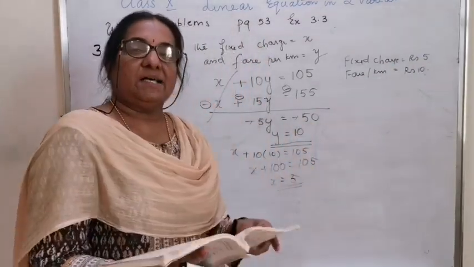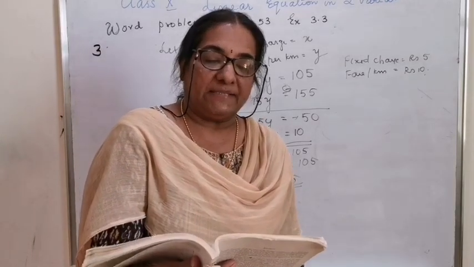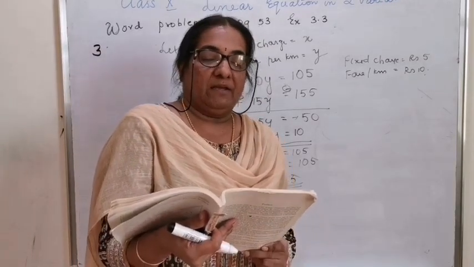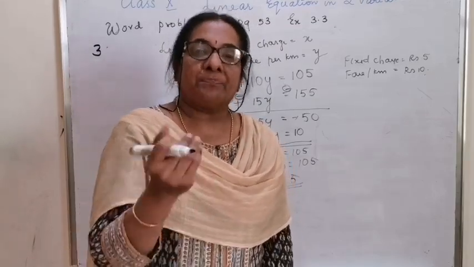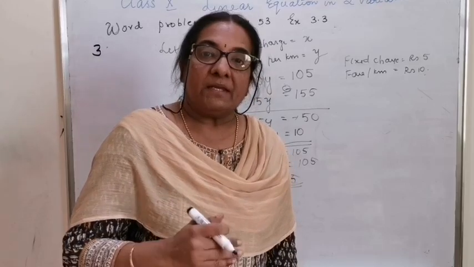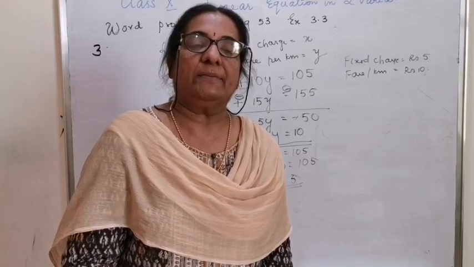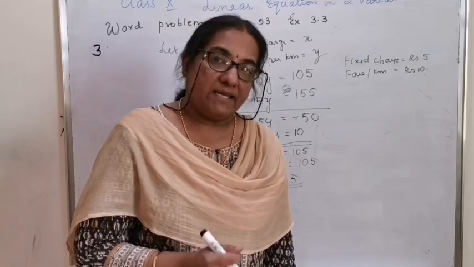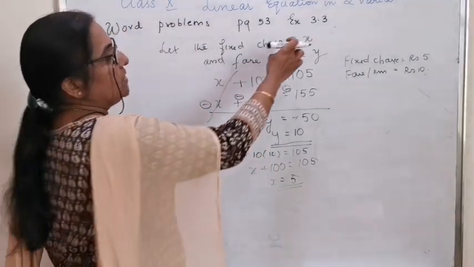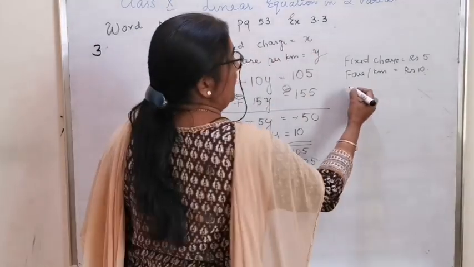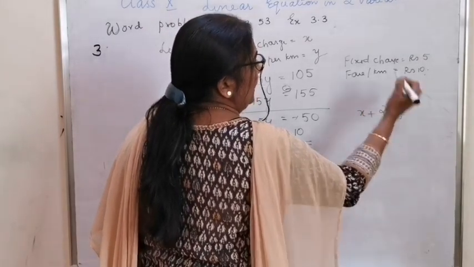One more question is asked in the second part of it: how much does a person have to pay for traveling a distance of 25 kilometer? That means a person is hiring a taxi. He would like to travel 25 kilometer. What is the total amount he has to pay? We can find that total amount by substituting the values of x and y in the expression x plus 25y.